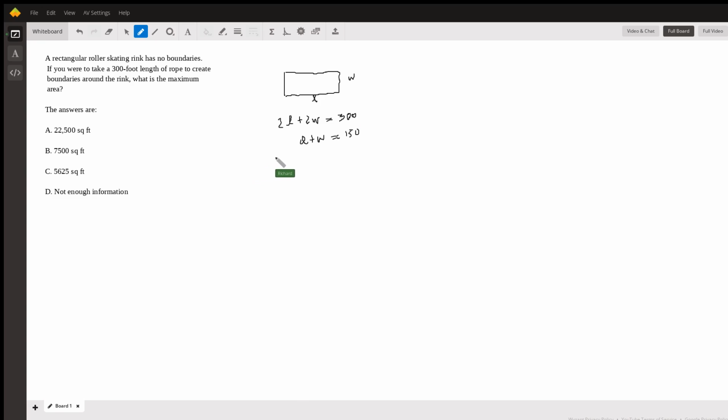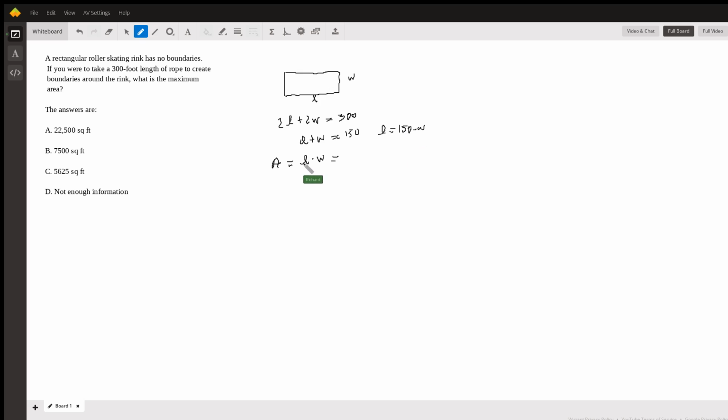Now we're interested in the area. The area is equal to the length times the width. If I just rewrite this equation, the length is 150 minus width.